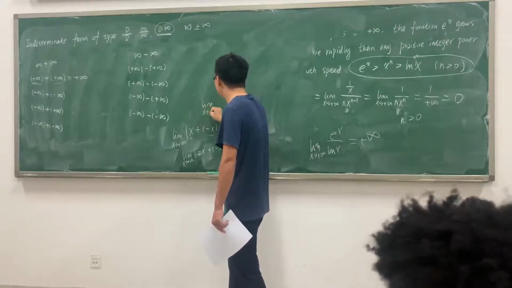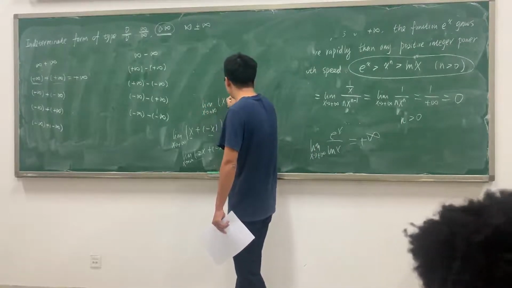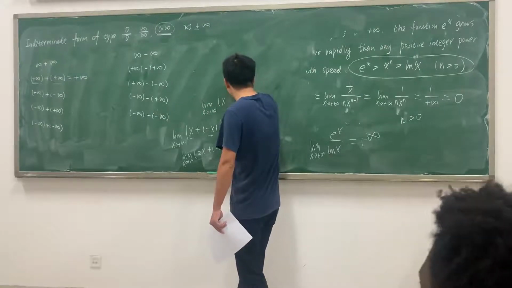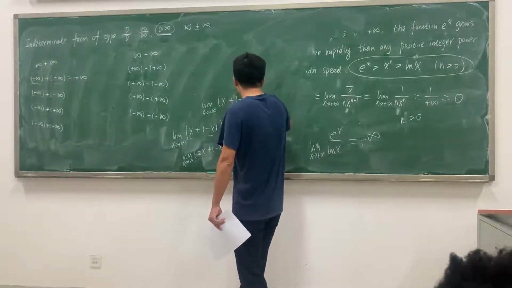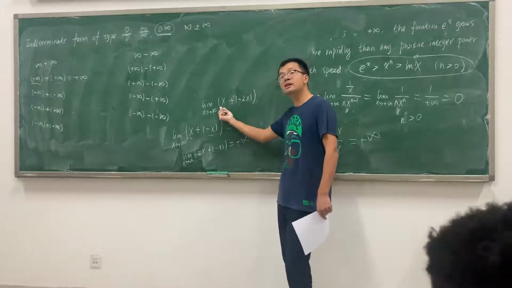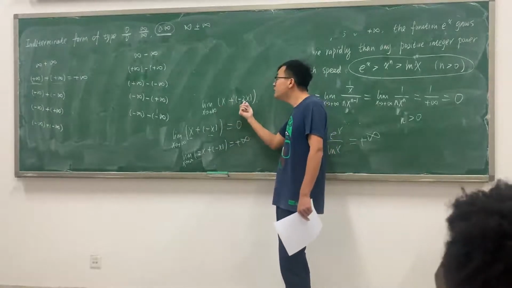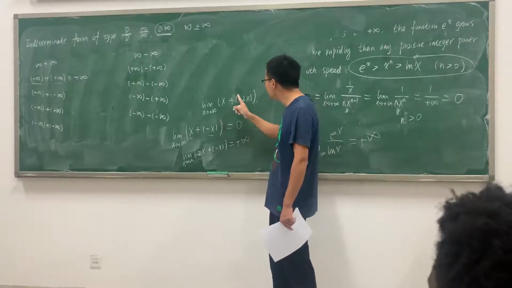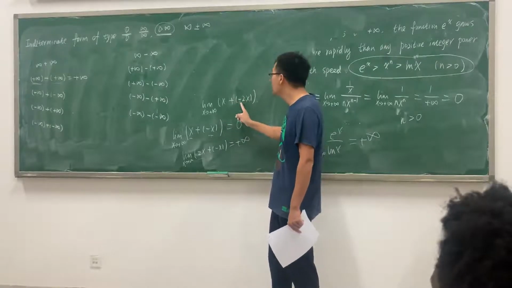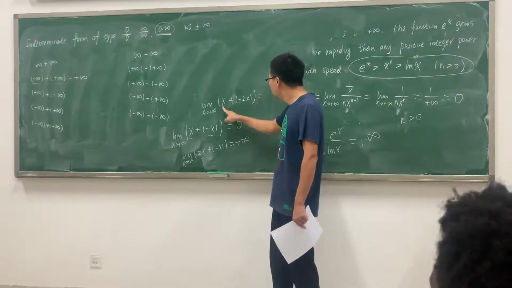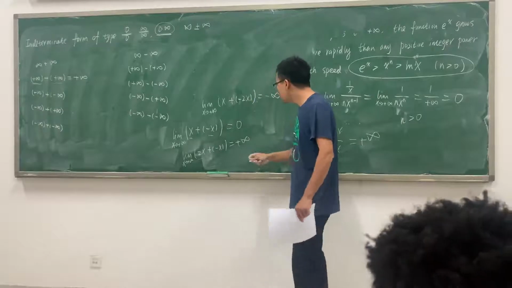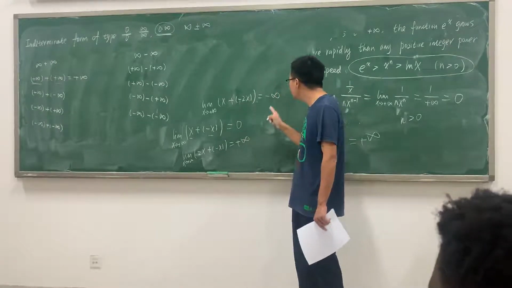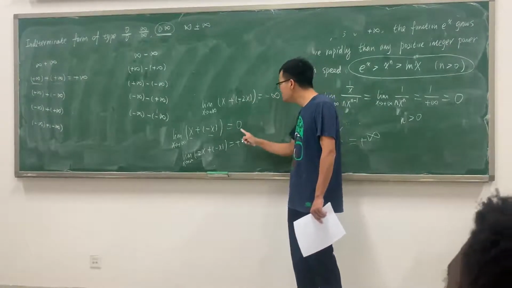For another example, x approaches plus infinity of x plus minus 2x. Here x is plus infinity and minus 2x is minus infinity, so plus infinity plus minus infinity, and the result is minus infinity. So sometimes it is plus infinity, sometimes minus infinity, sometimes 0.